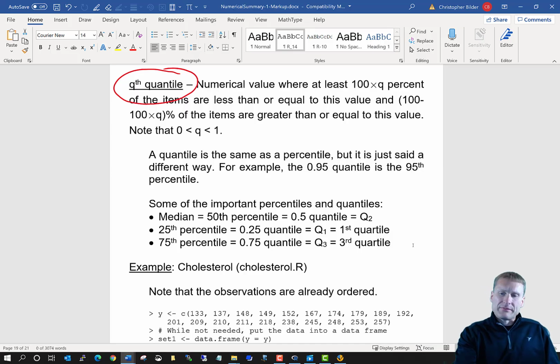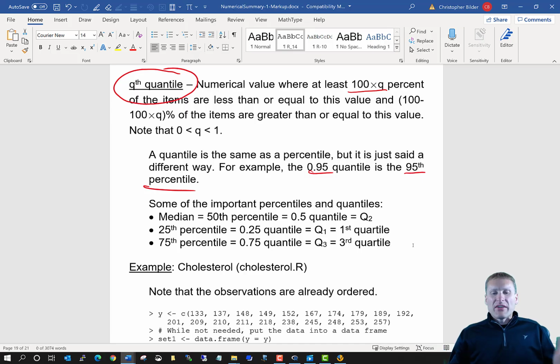So, for example, 100 times Q percent of the items are less than or equal to this value, and 100 minus 100 times Q percent of the items are greater than or equal to this value. This would be the 100 times Qth percentile. In other words, the 95th percentile is the 0.95 quantile. I guess that's a lot easier way to say it, and perhaps I should just start it off with that.